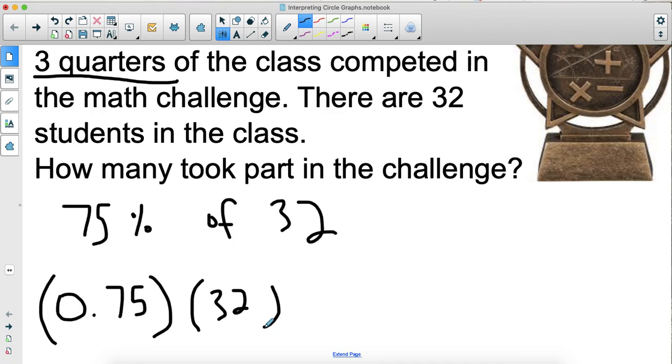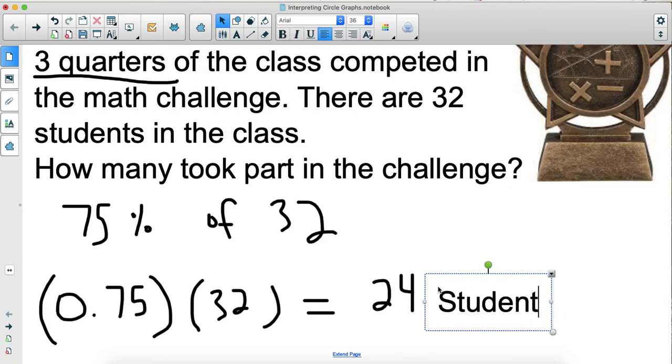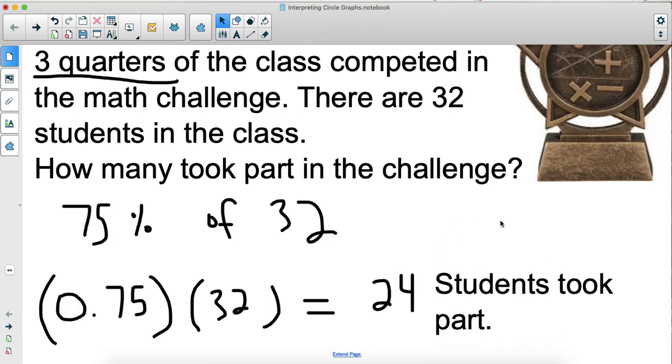So if you multiply your 0.75 times 32, you're going to find that it equals 24. So 24 students took part in the math challenge.